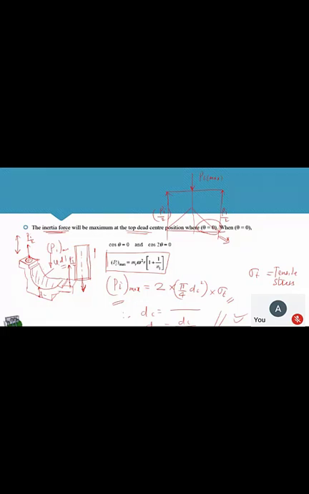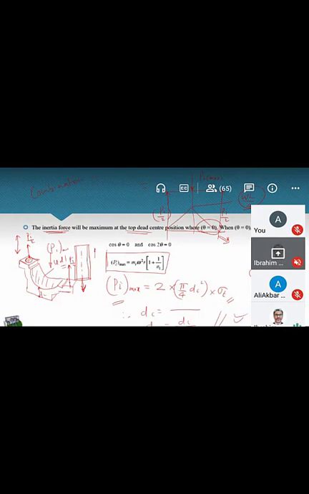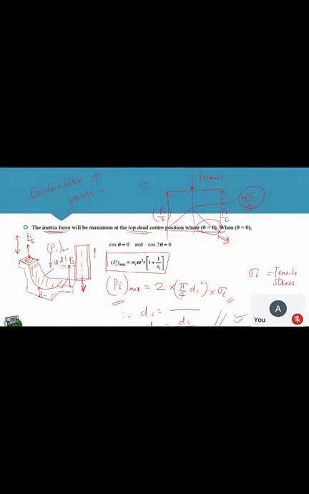That is why, instead of taking the maximum moment as WL by 4, because this case is a combination of point load and UDL, from the data book we consider WL by 6 as the maximum moment, since for point load it is WL by 4 and for UDL it is WL square by 8, or rather WL by 8.